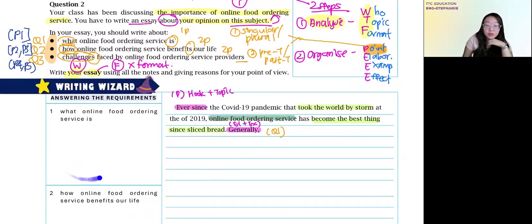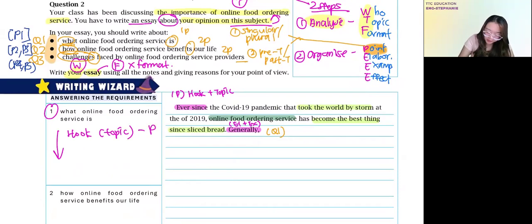Before that, you need to know what the requirements are in each paragraph. Jaden, do you have your seminar notes with you? All right, so write it down. For your introduction portion, usually the flow goes from a hook sentence with your topic, which is your P. We will go to another part to give further elaboration or example of the topic, which is your elaboration or example.